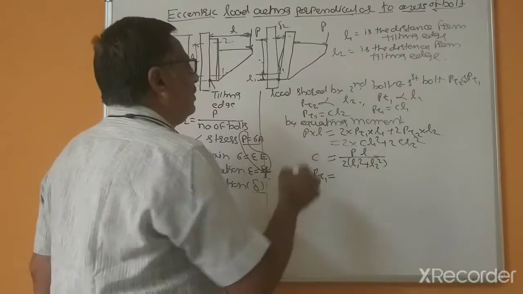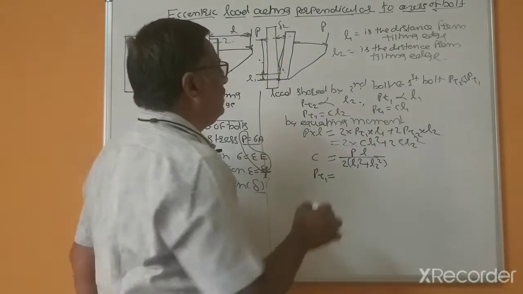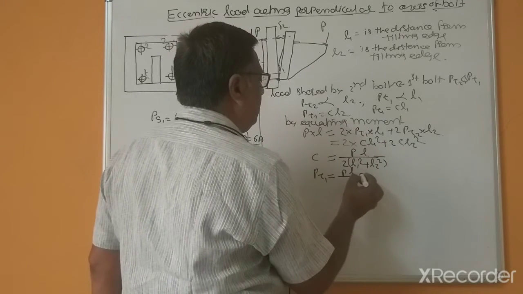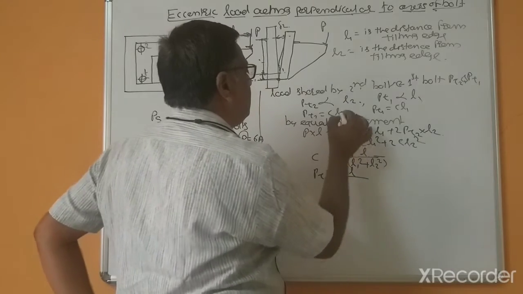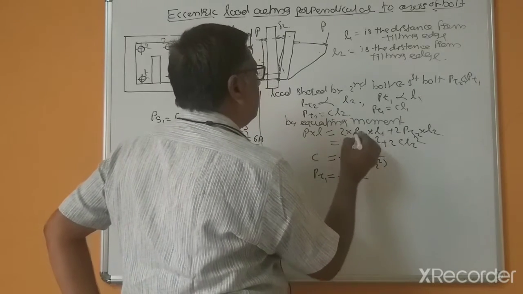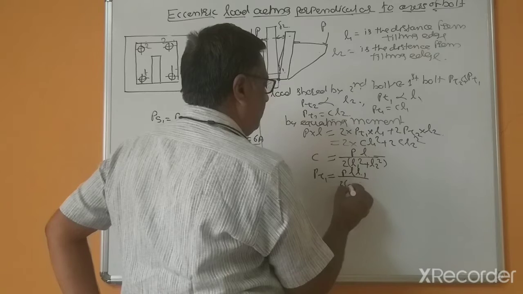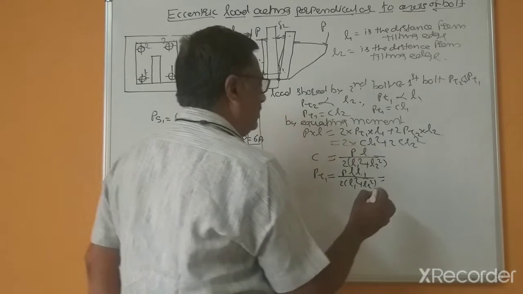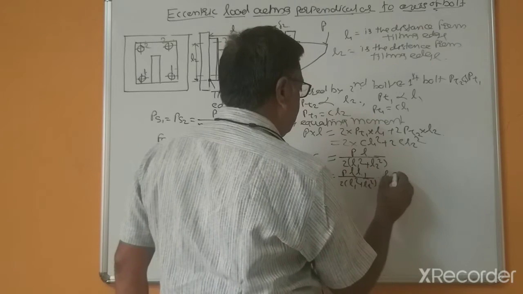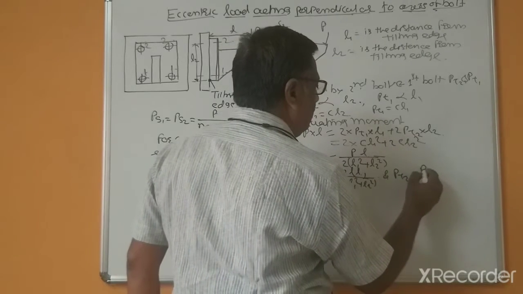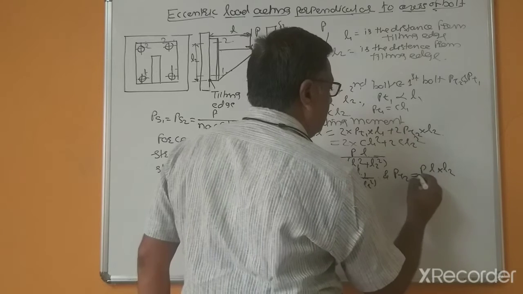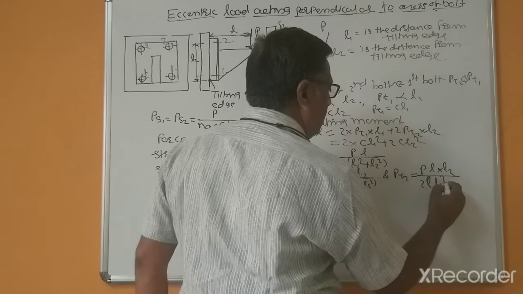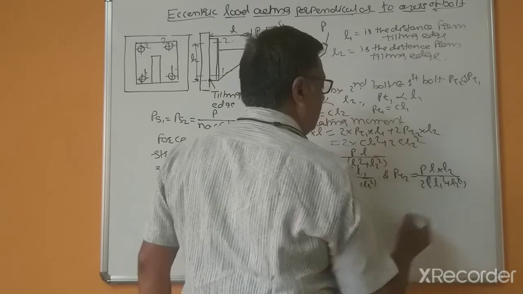Now put the value of C in these equations. So PT1 equals PL into L1 divided by L1 square plus L2 square, and PT2 equals PL into L2 divided by bracket L1 square plus L2 square.